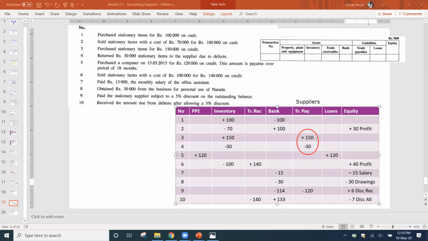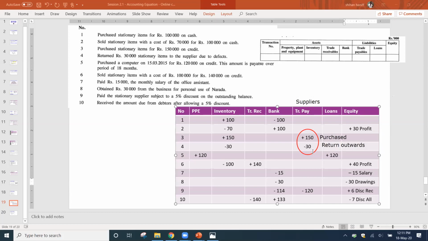We have purchased 150,000 worth of goods from him, purchase. And there is a return outwards of 30,000.